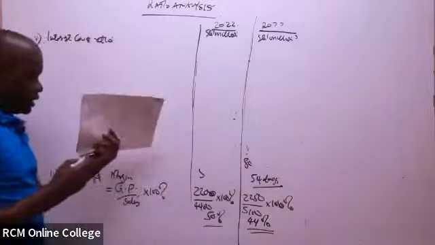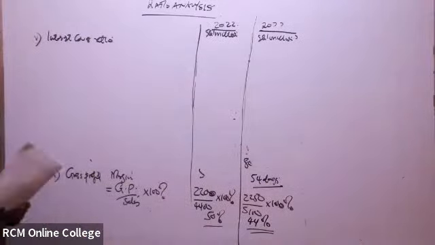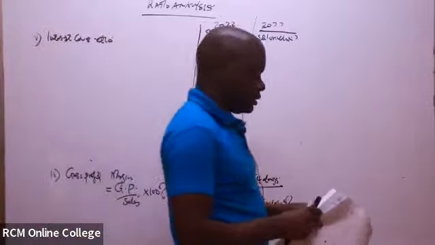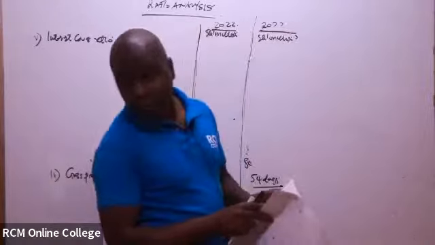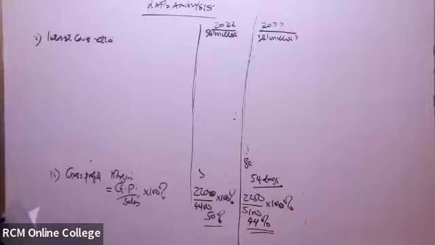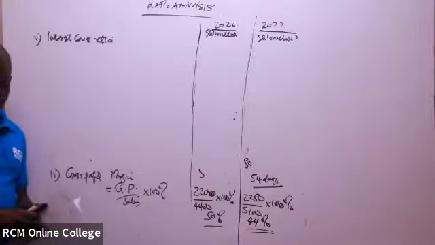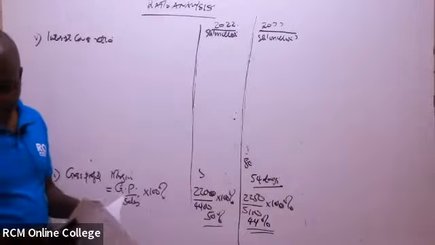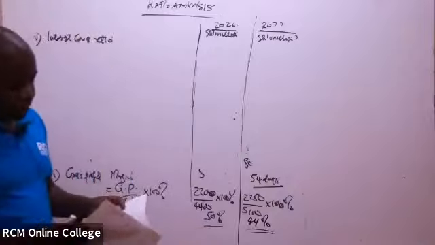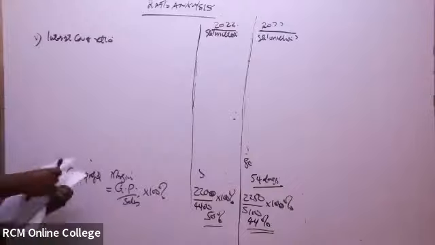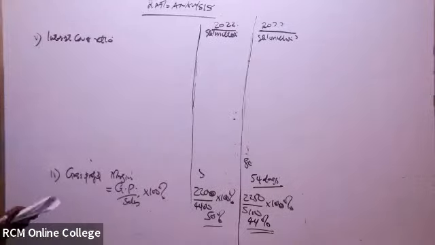What is the formula for interest cover ratio? So always be able to know the formula. The formula is EBIT over interest expense. Profit before interest and tax over the interest expense. So you're having to say EBIT over the interest expense.